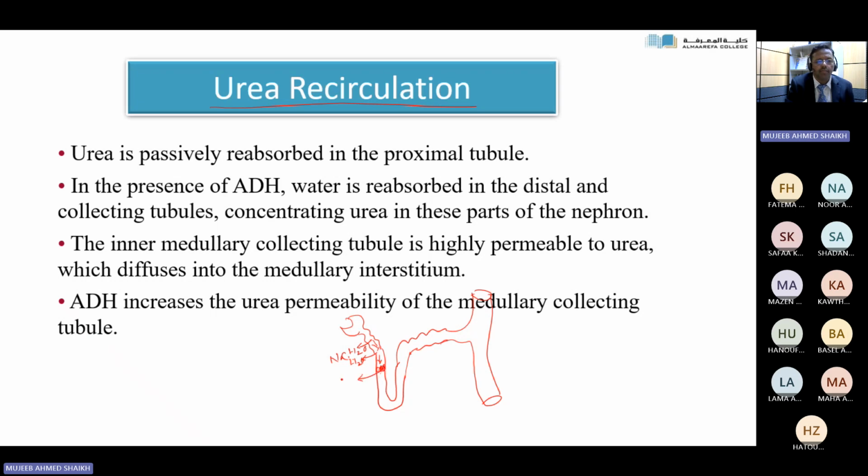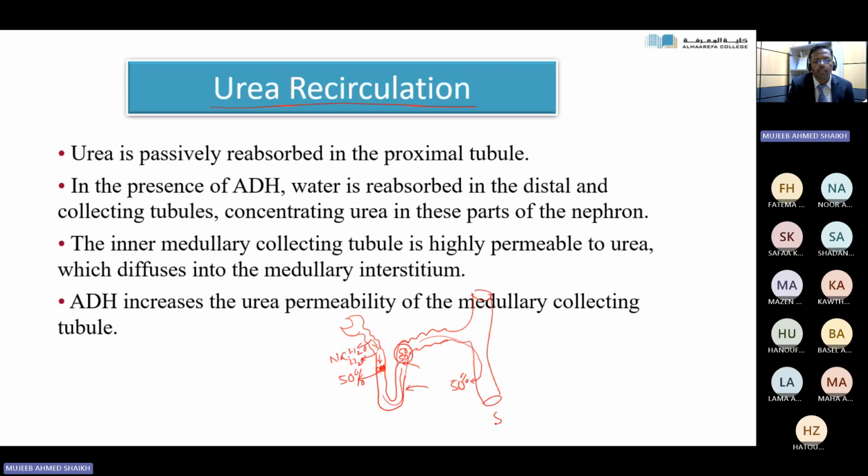So 50% of the urea will be reabsorbed here. Once it goes here, another 50% of urea will be added, so the previous 50% plus 50% becomes a total of 100% from here. Then once it goes here, under the influence of ADH, again 50% of the urea will be reabsorbed.